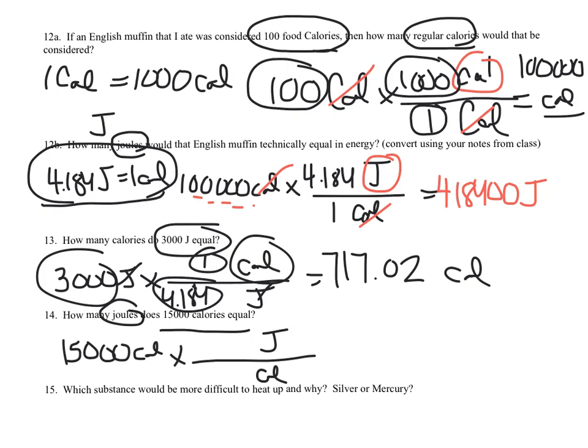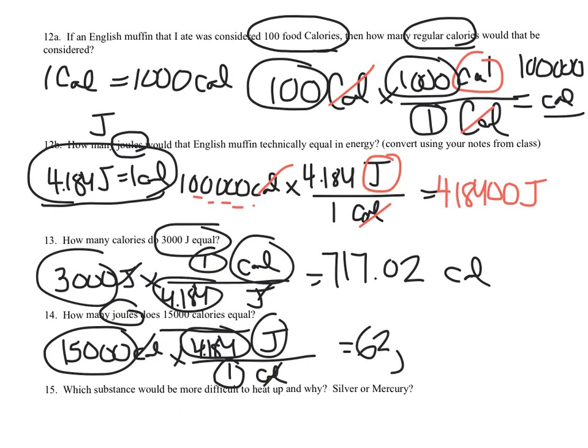You know that from your notes, if you did watch your notes. So for every 1 calorie, there's 4.184 joules. My calories cancel out. I'm left with joules in my answer. It's going to be 15,000 times 4.184 divided by 1. I end up getting an answer of 62,760. My units are in joules.